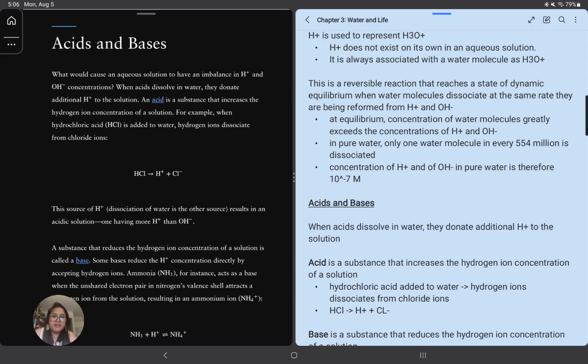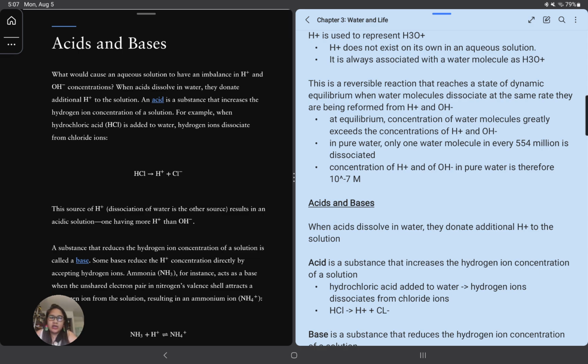In pure water, only one water molecule in every 554 million is dissociated. So the concentration of H+ and OH- in pure water is therefore 10 to the negative 7th M, or molarity.